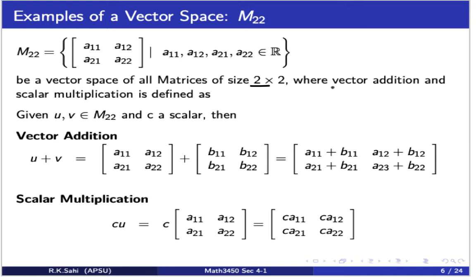And every time you are given a vector space, guys, keep in mind, you will be given a vector addition and a scalar multiplication. So in M22, any two vectors, say u and v, are two vectors in the vector space of all matrices of size 2 by 2, so the vectors look different.